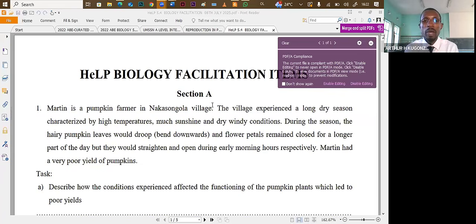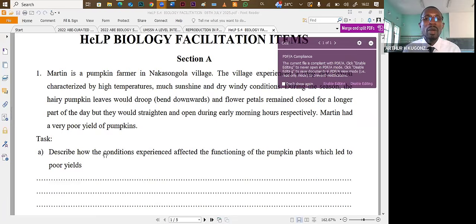Martin had a very poor yield of pumpkins. The first task that you're going to respond to is: describe how the conditions experienced affected the functioning of the pumpkin plants, which led to the poor yields.